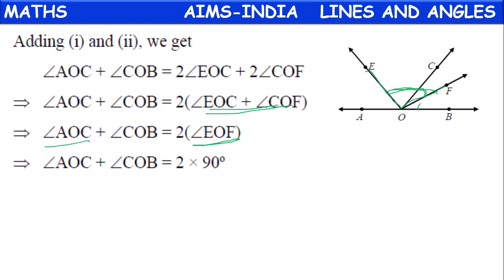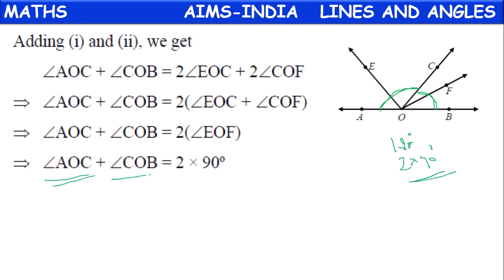So AOC plus COB are lying on a straight line. Their sum equals 180 degrees, which can be written as 2 into 90 degrees.